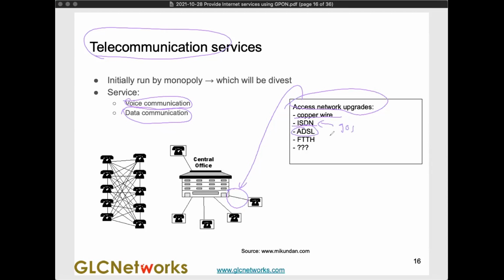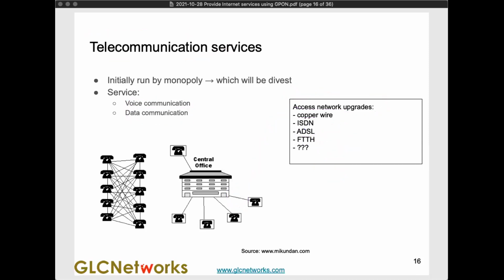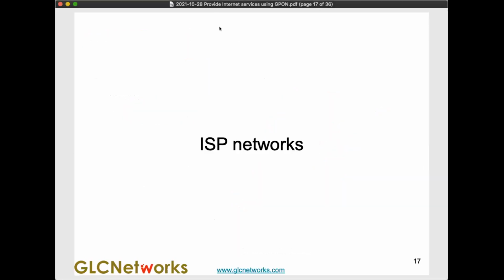After that, they introduced ADSL as a cheaper option than ISDN, since 2000 in our country, Indonesia. And nowadays, since perhaps the 2010s, they upgrade the access network to a network based on fiber optic, which is FTTx. So that's how it works.